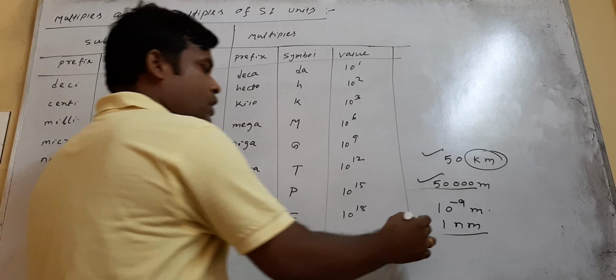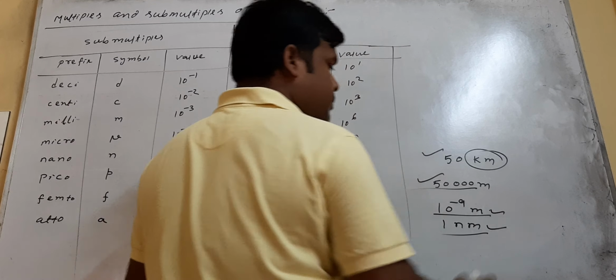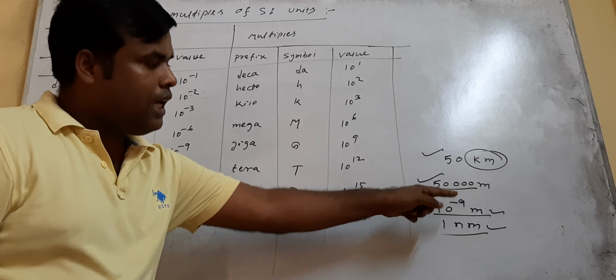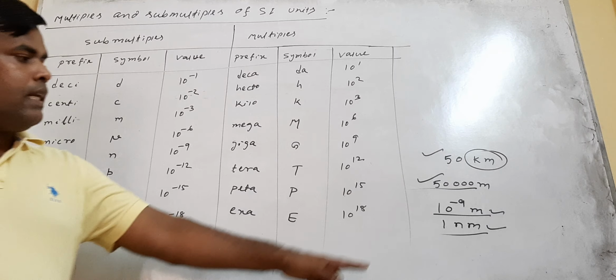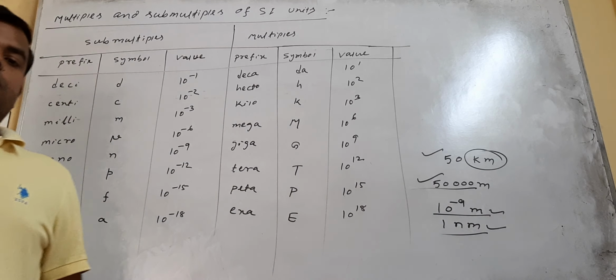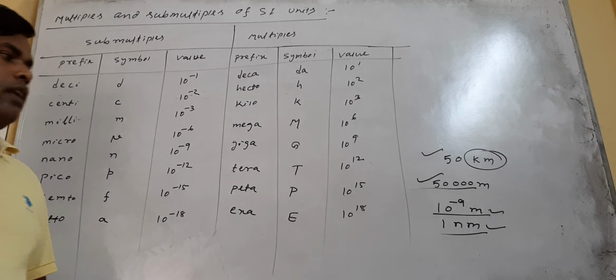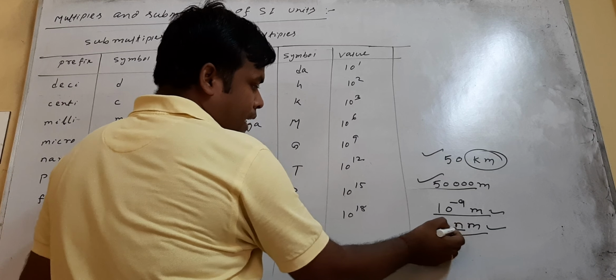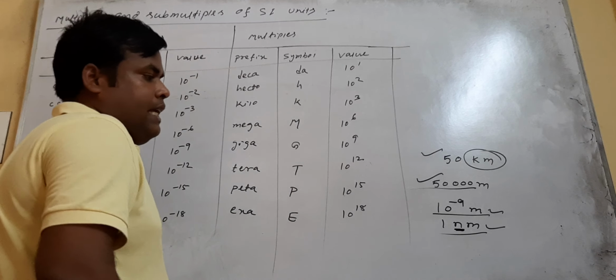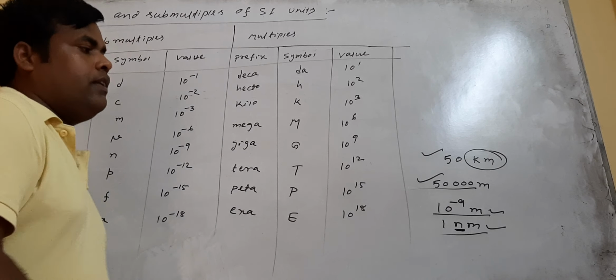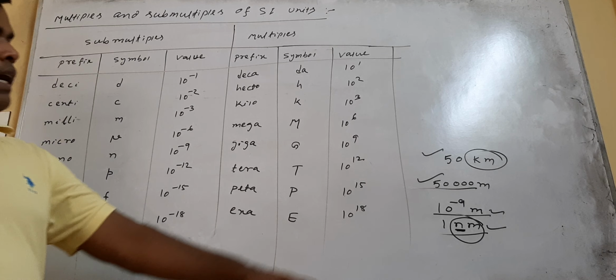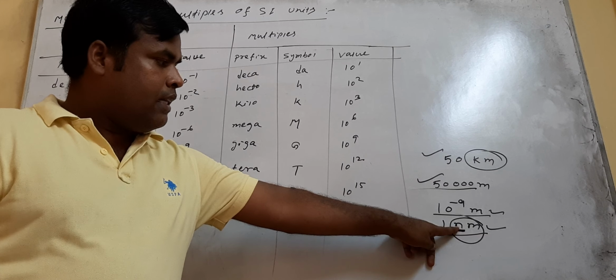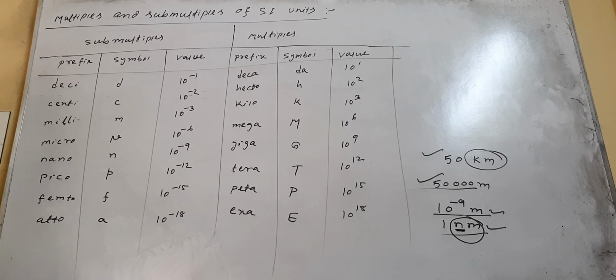You see, which one is easy to express? 10 to the power minus 9 meter or 1 nanometer? Definitely 1 nanometer is easy to express. Here, you have added n, the prefix n to meter. Here it becomes nanometer. When you add the prefix n, then you got the submultiple of SI unit.